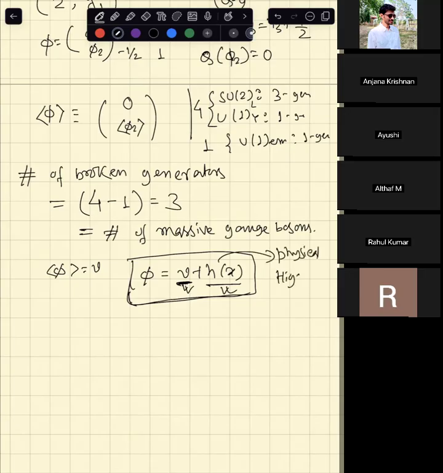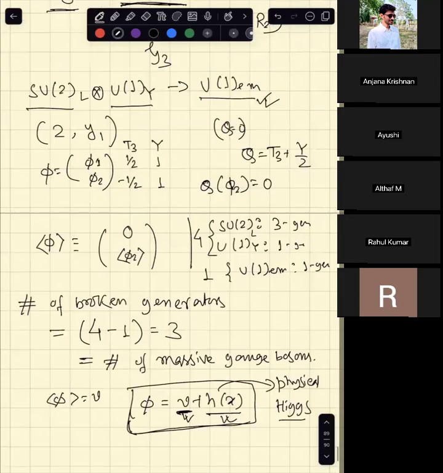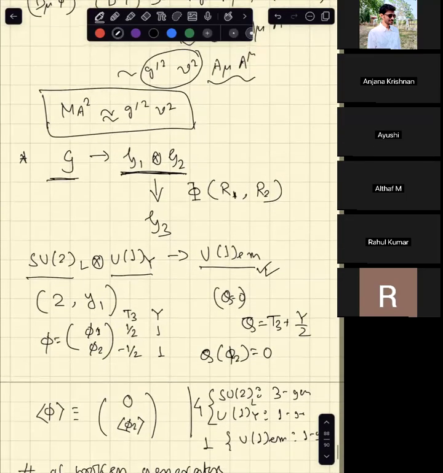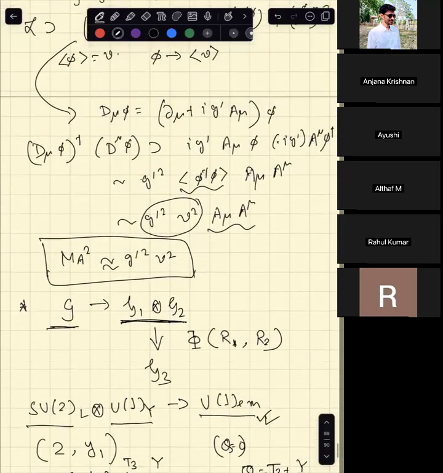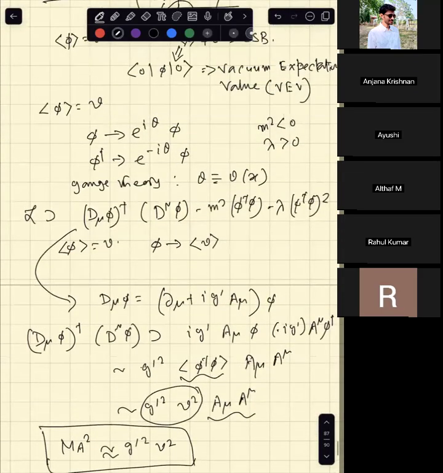And this is where the physical Higgs boson will come from, and that will tell you how, in quantum field theory, you perform the spontaneous symmetry breaking and how a fundamental scalar appears as a real field and a real particle. We'll discuss that in detail, but this is just to give you a different taste than the calculation we have done previously, and to pave the direction towards the standard model.